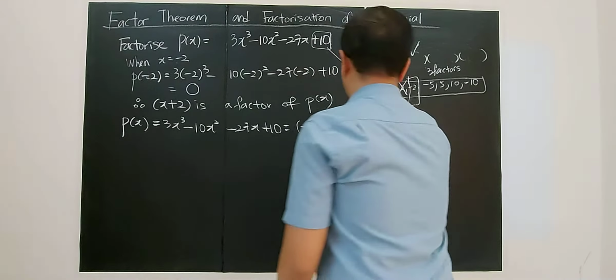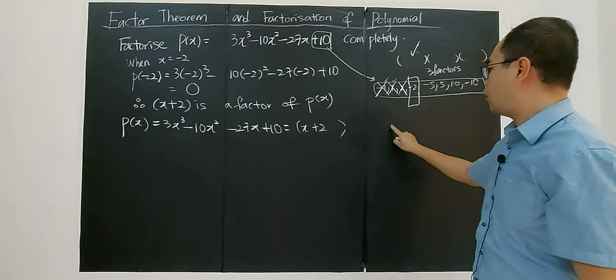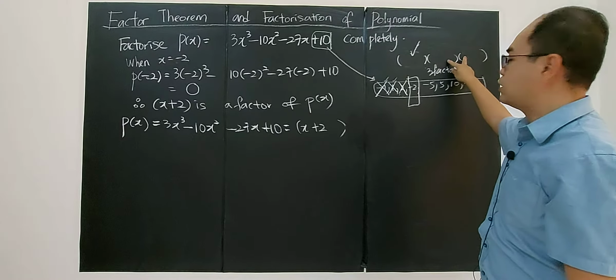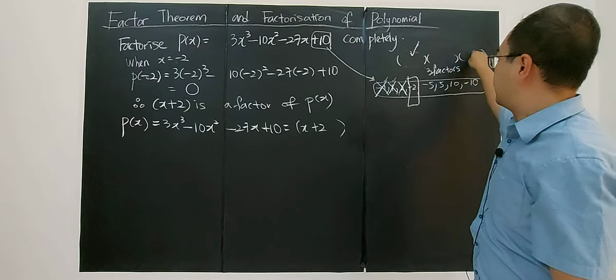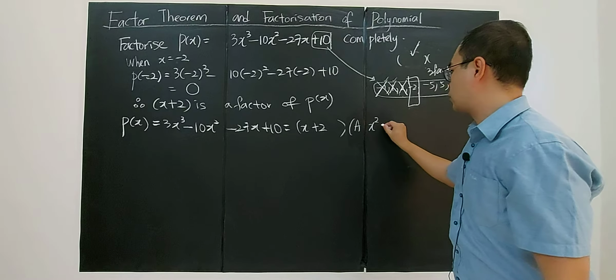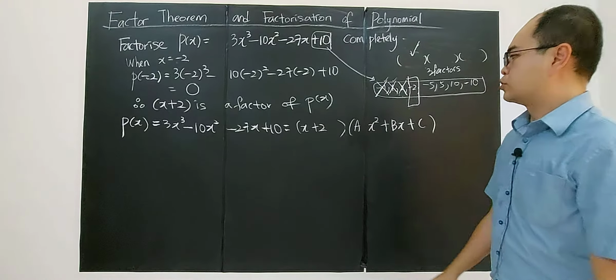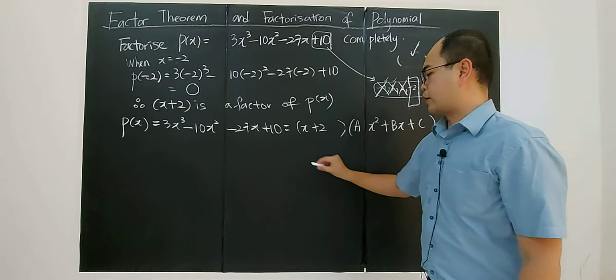As you know, you have 2 more linear factors. When you expand these 2 linear factors, you get a quadratic factor, ax squared plus bx plus c, the general form of a quadratic. To get a is very easy; I'll teach you a shorter way.